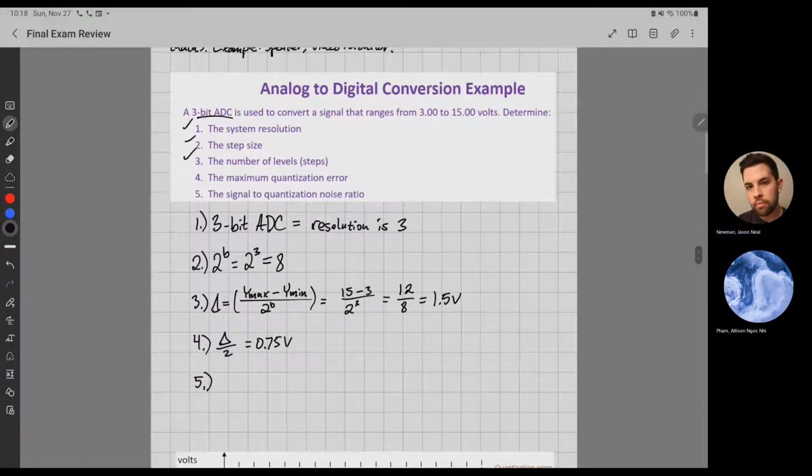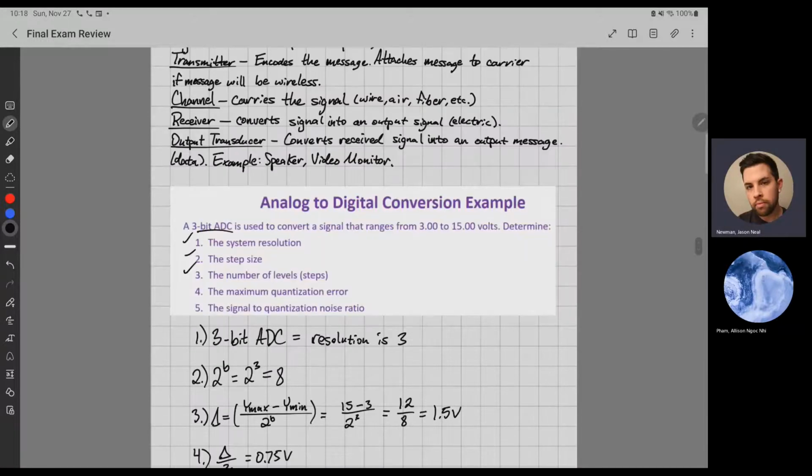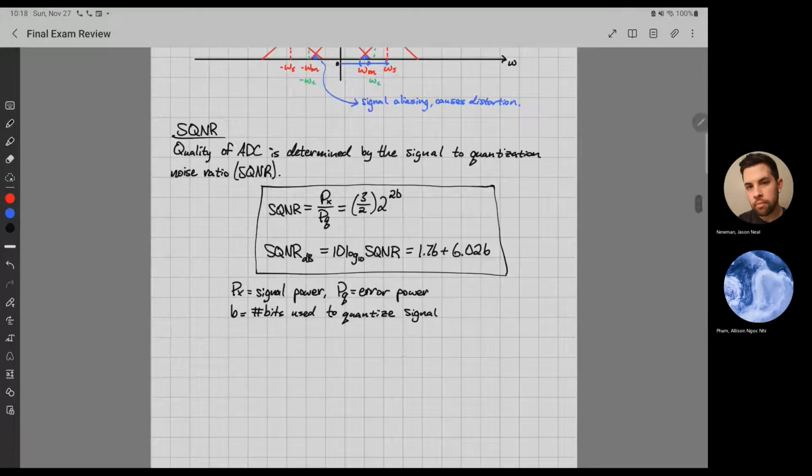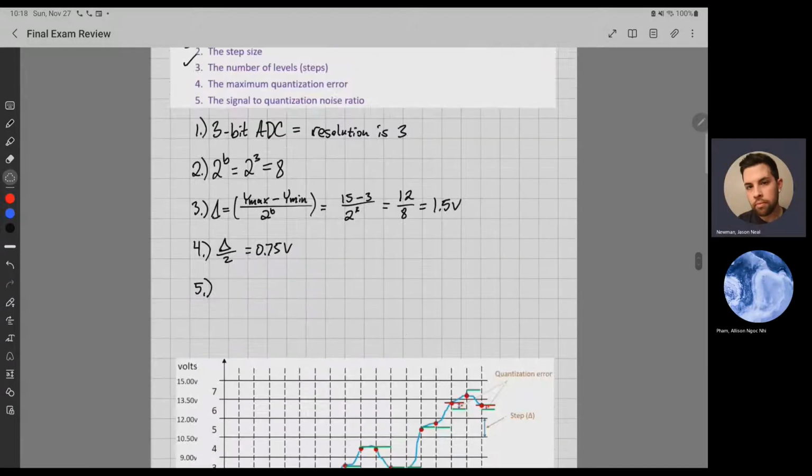And then SQNR. For the SQNR, we can use this formula up here. Let me grab it. We can use both of these formulas, and you'd get different answers.